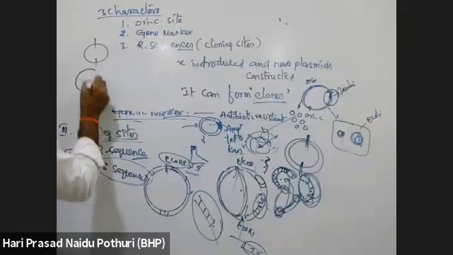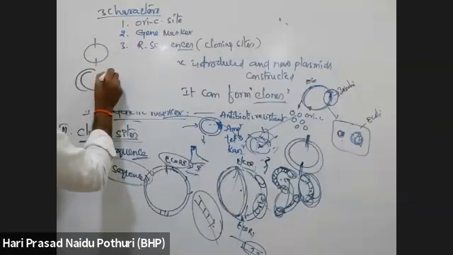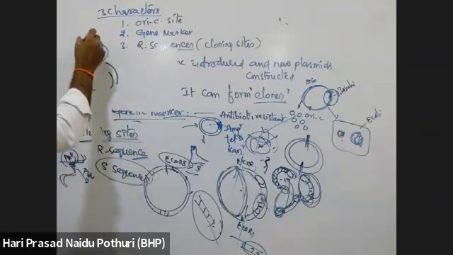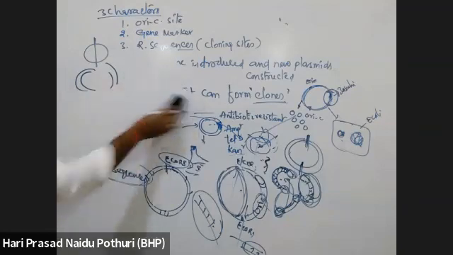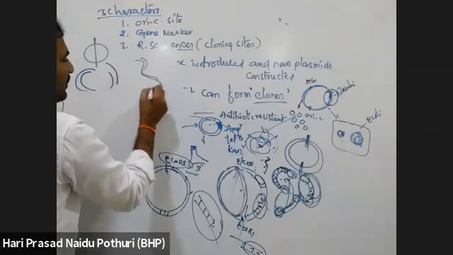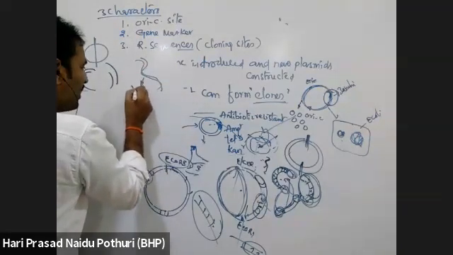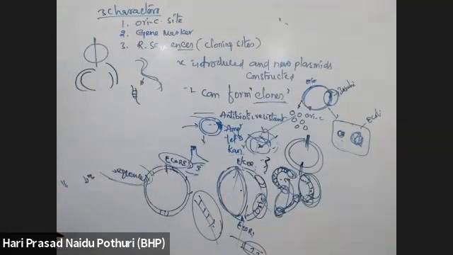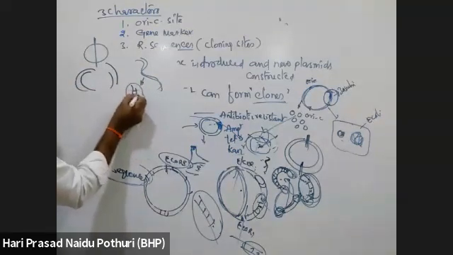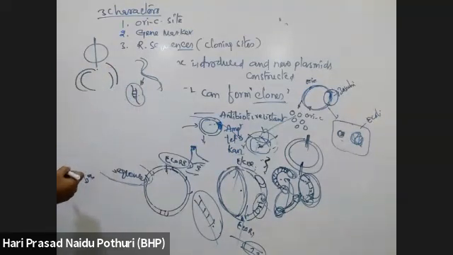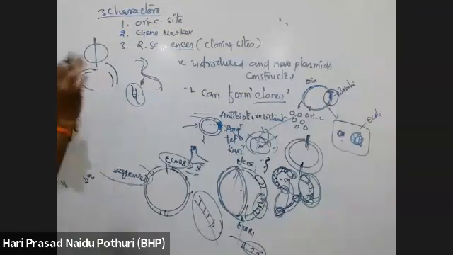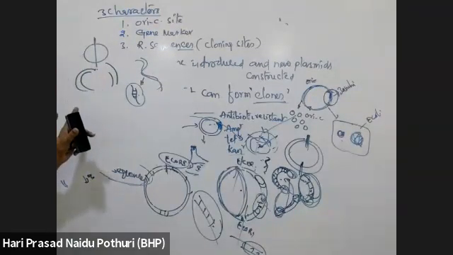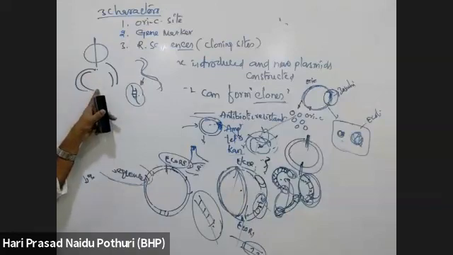This plasmid has a sequence, one is cut here, another one is cut here. Half part, half part. The desired gene also, the linear DNA we took, that linear DNA also has this one. If it is introduced in the middle, here, if these are joined again, no problem. But that is less chance.